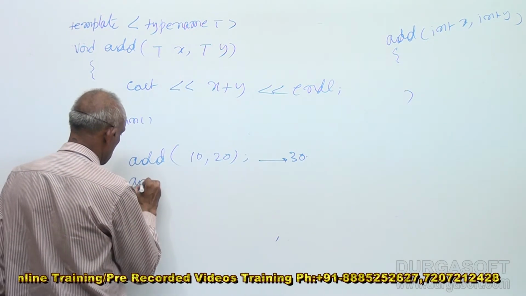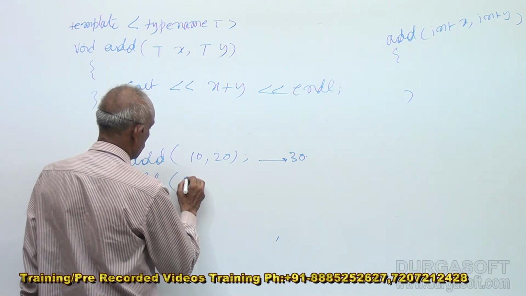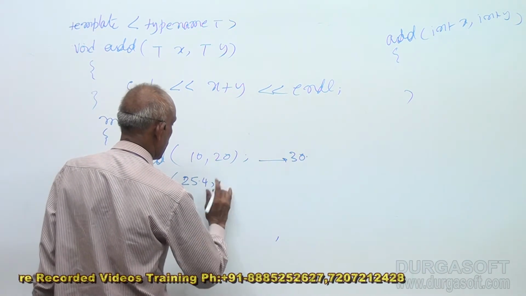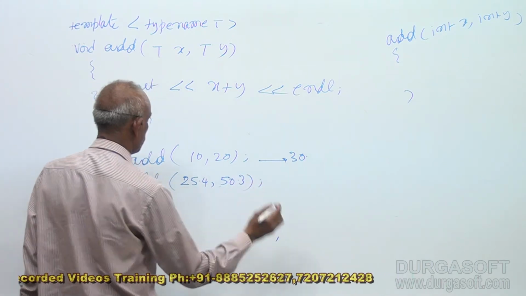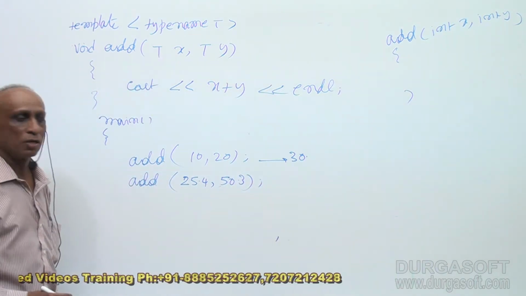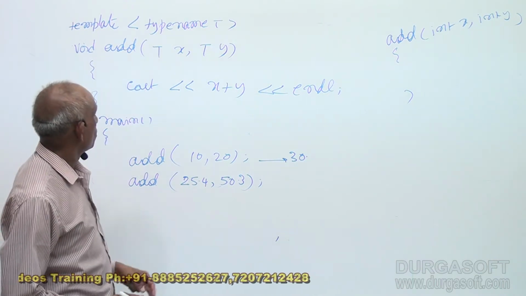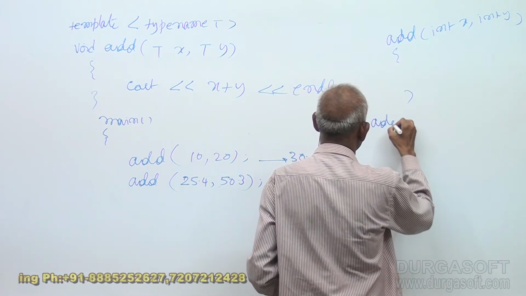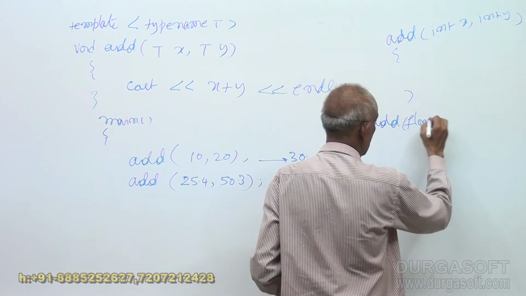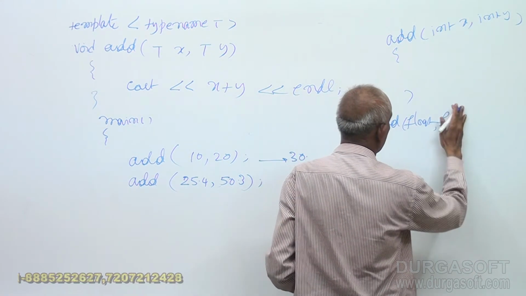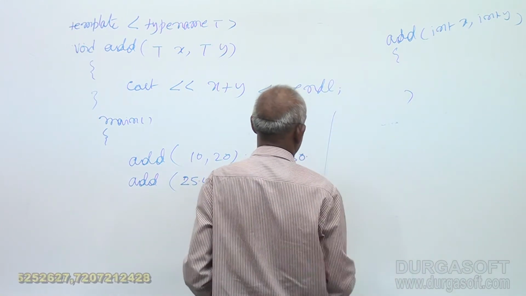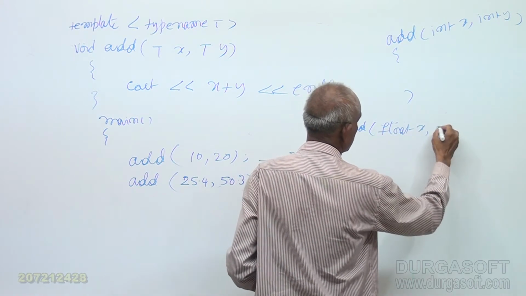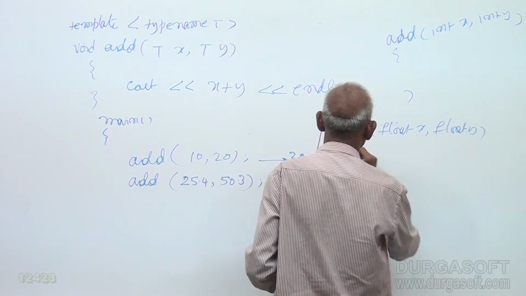Suppose float, add(25.4, 50.3), two floats are there here, generic types. So now add float version of the function is called, add(float x, float y).